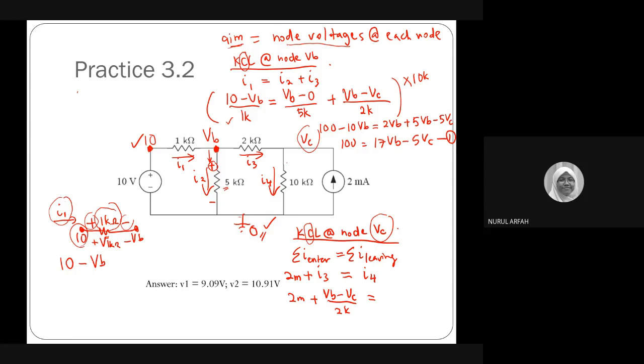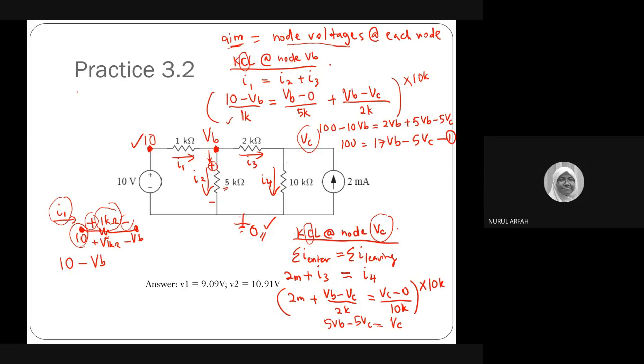Equal to I4. Where is I4? VC minus 0, divided by 10K. You can just ignore the minus 0. Multiply this one by 10K to remove this side, then you have 5 VB minus 5 VC, and then you have 2 milli.